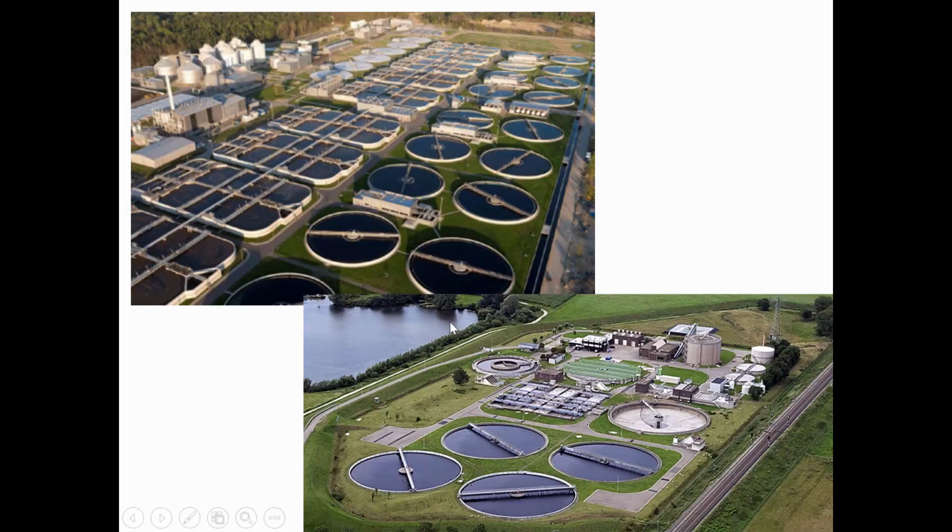So in the case of this wastewater treatment plant, maybe what we want to do is estimate the cost of aeration basins. You can see this wastewater treatment plant has a really small aeration basin, whereas this bigger plant has many times more.